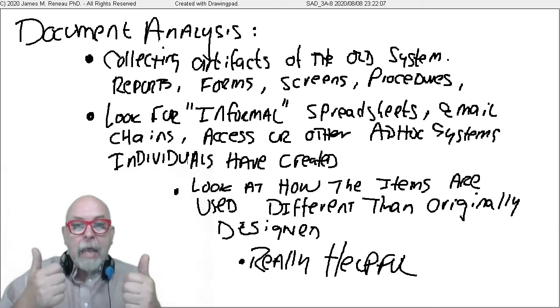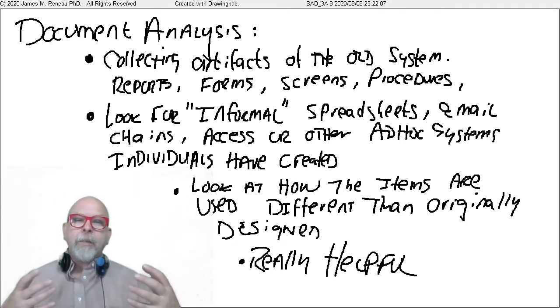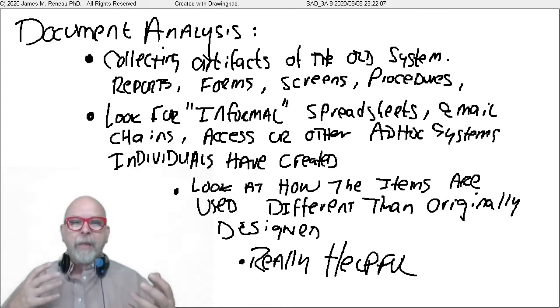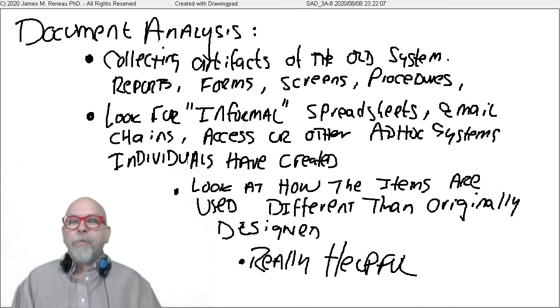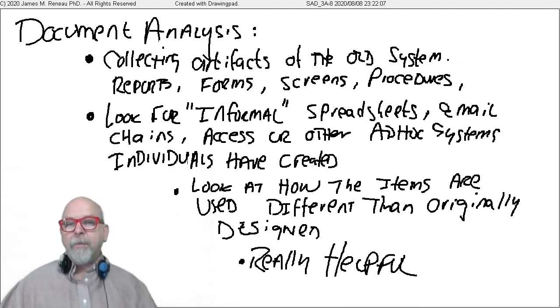That is like solid gold finding those kinds of things because when you collect those informal spreadsheets, email chains, access databases that people have created, you now are really getting into the details of the system. And look for those informal things, those spreadsheets that people pass around by email that the system doesn't generate or that they keep on their own, or those informal ad hoc kind of things.